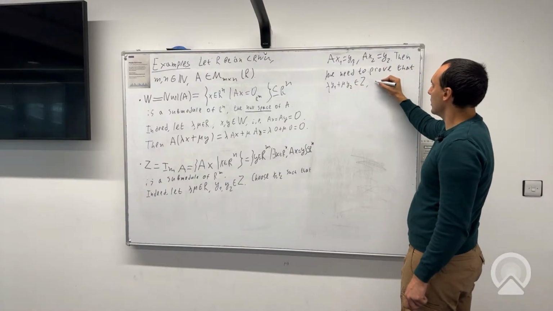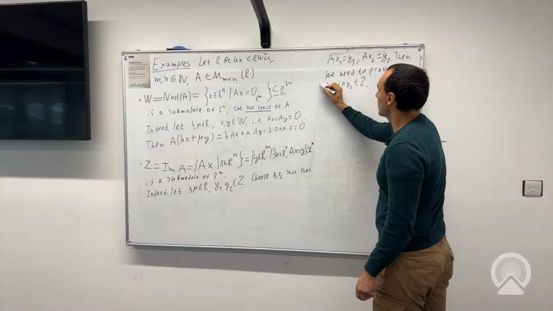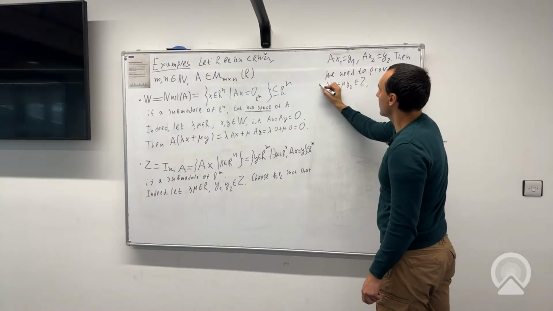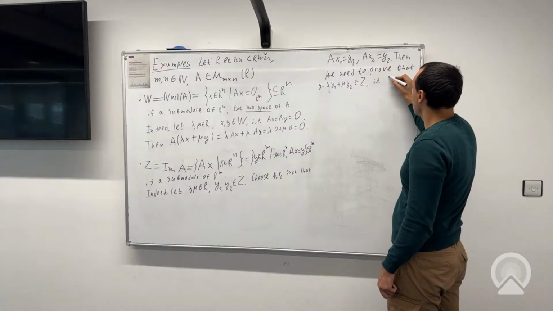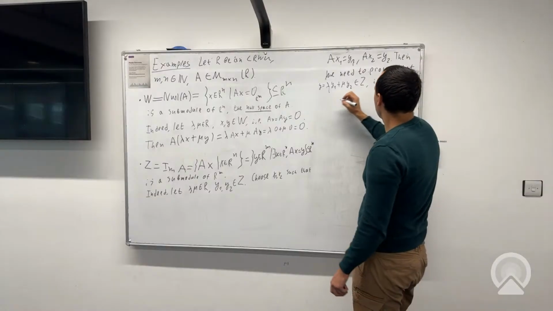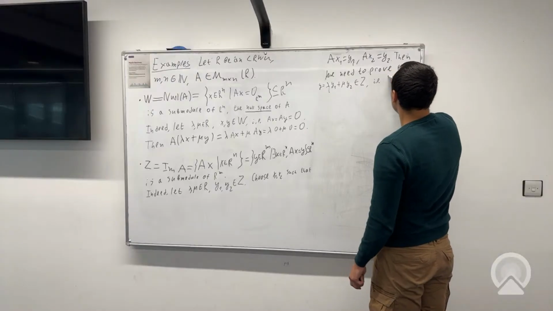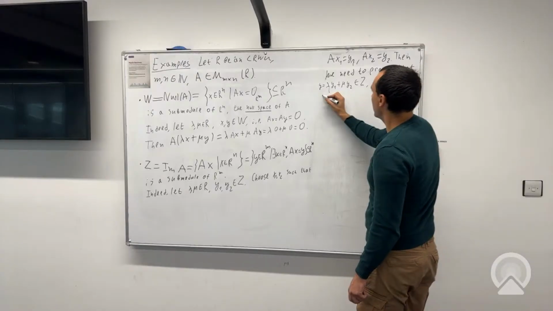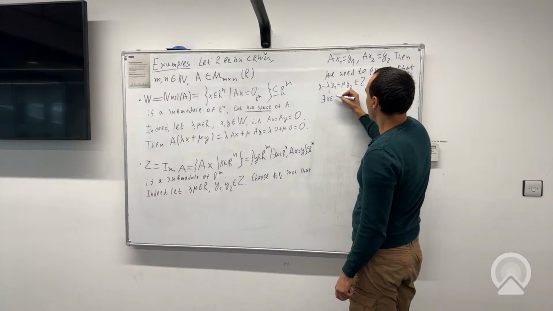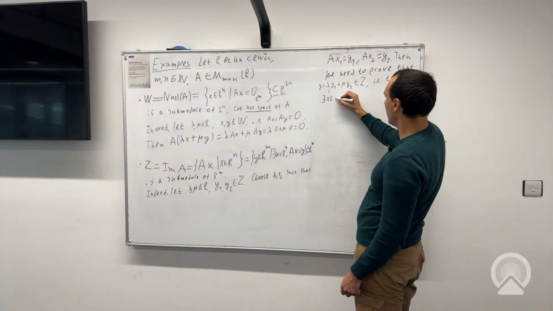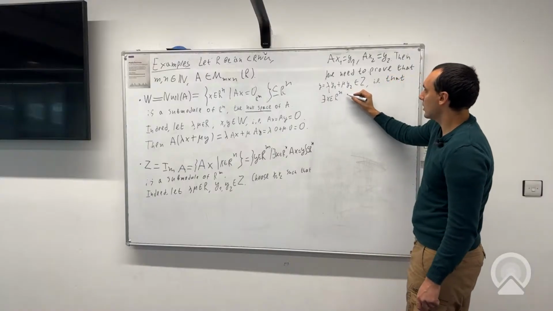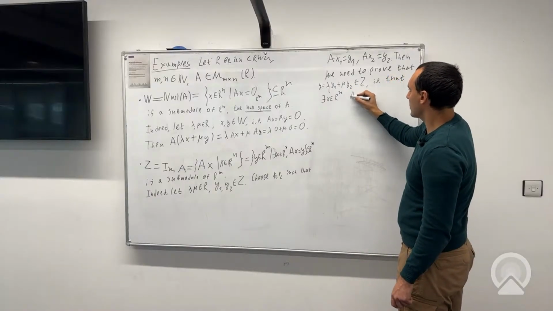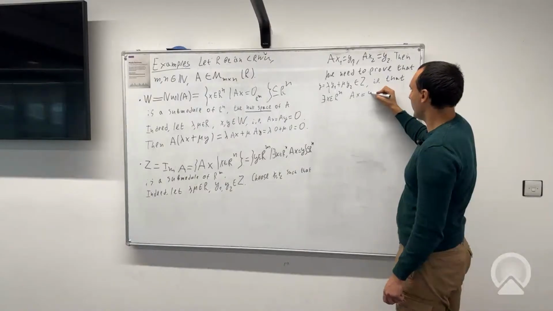Which means that, let's call this thing y, there exists x in R^n such that Ax equals y.